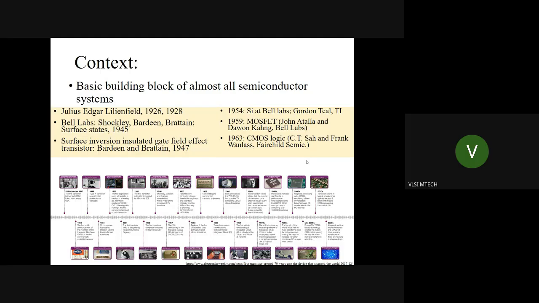I am not sure if you already know this. There was this guy called Lilienfeld in 1926, 1928, in these 2 years, and I think also in a later year, he submitted 3 patents. This guy was an academic professor, and he submitted 3 patents for what we now know as MOS device.